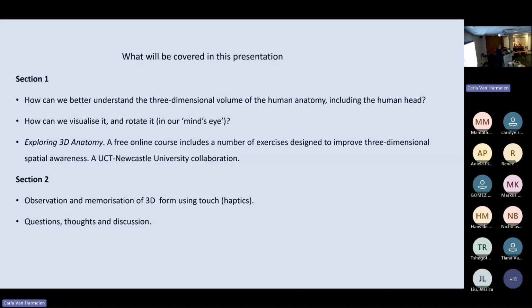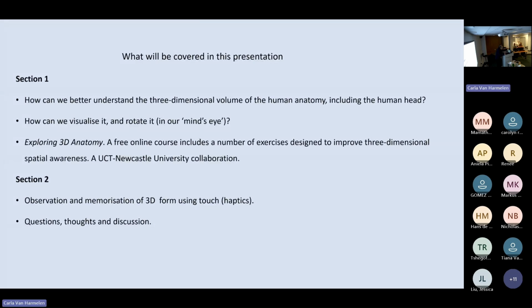It was designed by myself and my colleague in Newcastle, Professor Iain Keenan. He's the professor of anatomical education at Newcastle University. We've been collaborating since, I think, 2015 on art-based approaches in anatomical education.